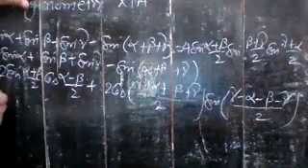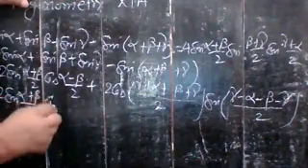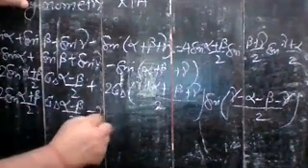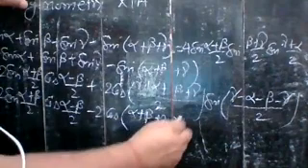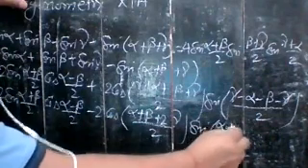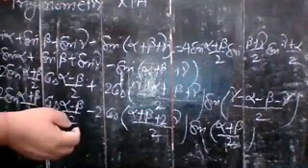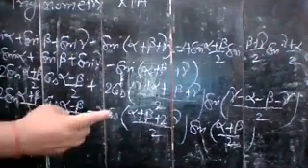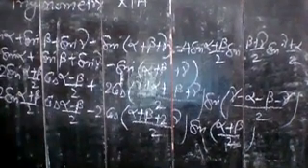Simplifying, you have 2 sine alpha plus beta by 2 cos alpha minus beta by 2, and here you have minus 2 cos of alpha plus beta plus 2 gamma by 2, and sine alpha plus beta by 2. If you take minus common, sine of minus x is equal to minus sine x, so it becomes negative. So you see that 2 sine alpha plus beta by 2 is common from the entire term. So take it out.